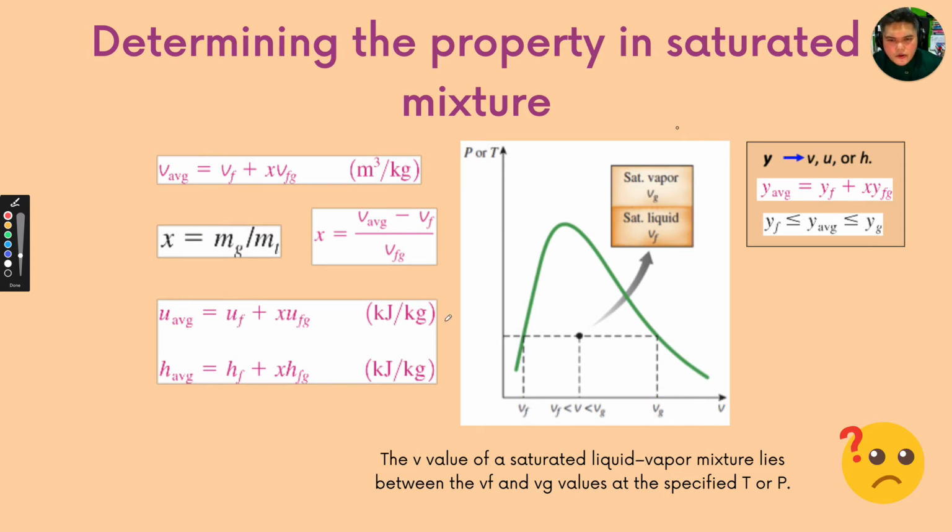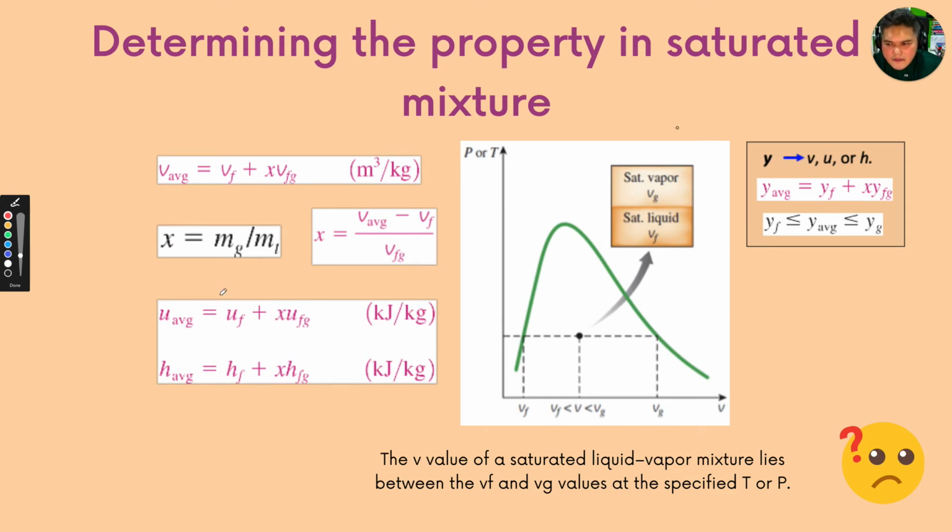In order for us to calculate the X value, you rearrange this equation: V average minus VF, which is at this particular point where we get V average, divided by the total length, VFG. This is how we obtain X, right?